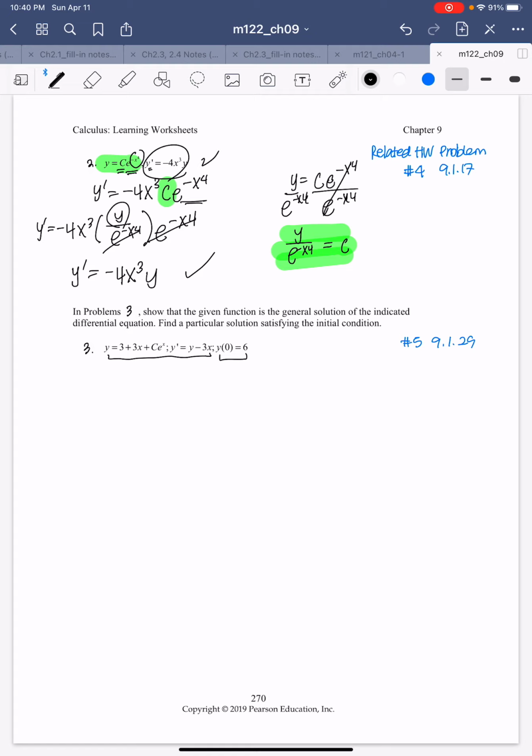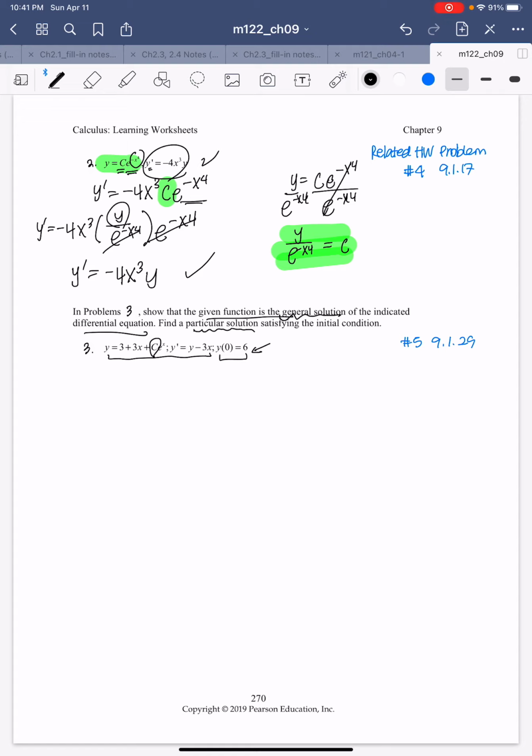Here we are going to show that the given function is a general solution to the indicated differential equation. The first step is the same thing, and then we are going to take one more step and use the second piece of information to find a particular solution. General solution has the c involved. Particular solution means we can solve for c, so we get a numerical value.